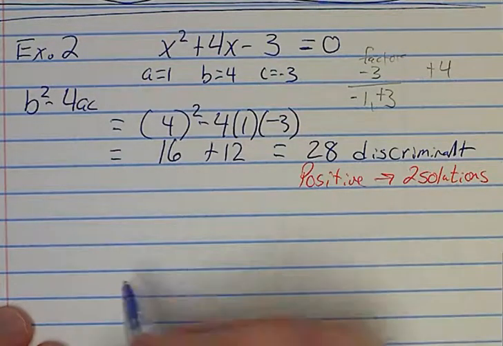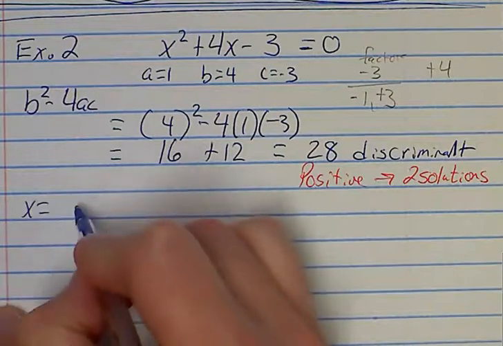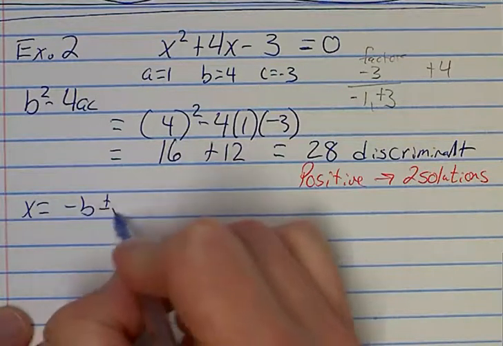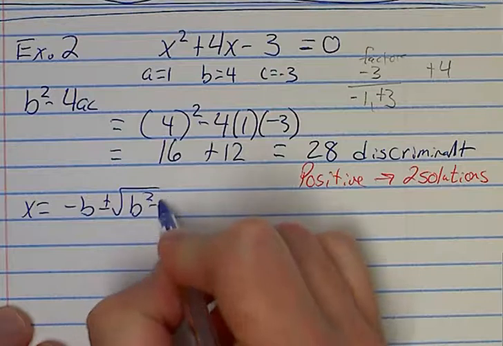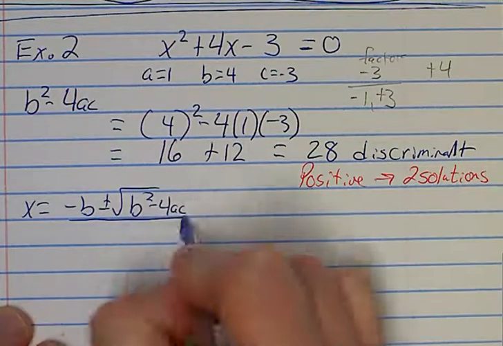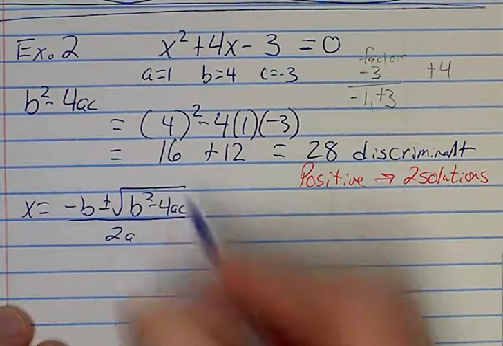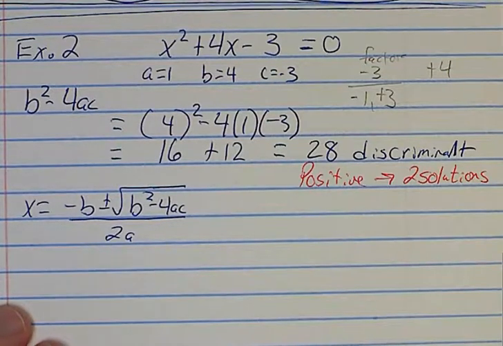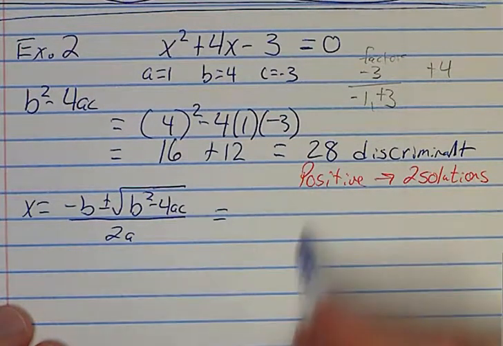Okay, so we know we got to find the 2 solutions. So we got to do negative b, plug it back into the whole quadratic formula here. But again, the big thing is that we've already done all the hard work here.